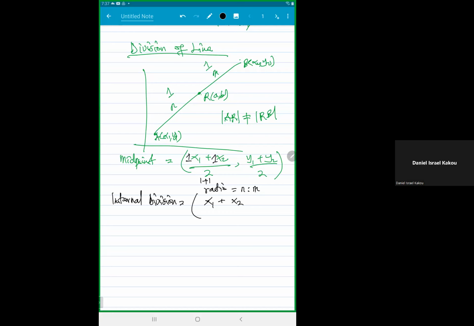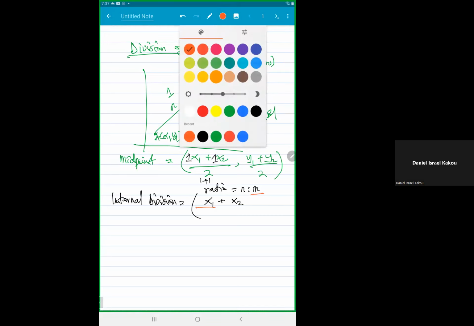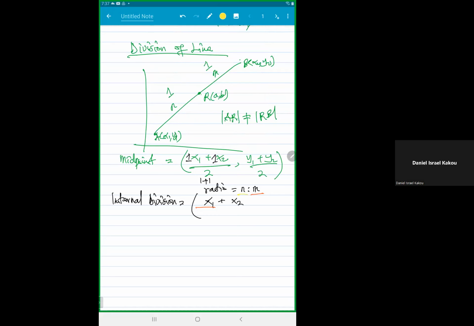Now, if you are coming to write the formula for the internal division, you give the second value of the ratio to the first coordinate and the first value of the ratio to the second coordinate, for both the x coordinate and the y coordinate. So this will mean that the m will always be going with the x1, and the n will always be going with the x2.